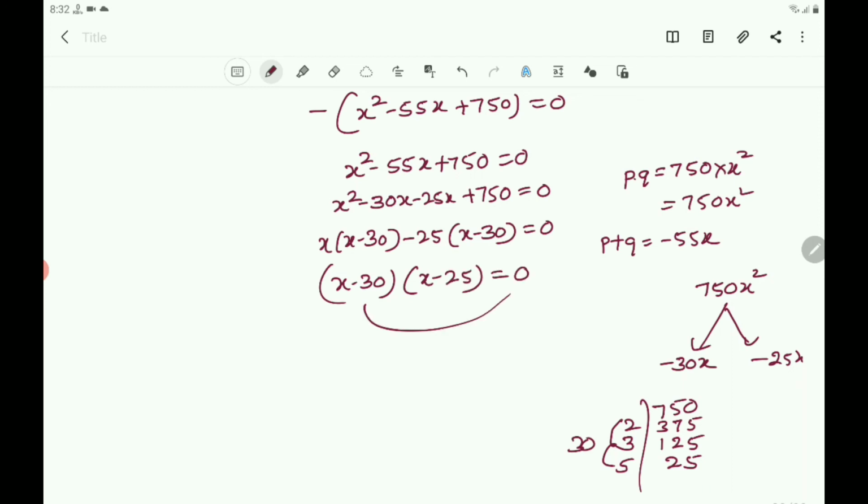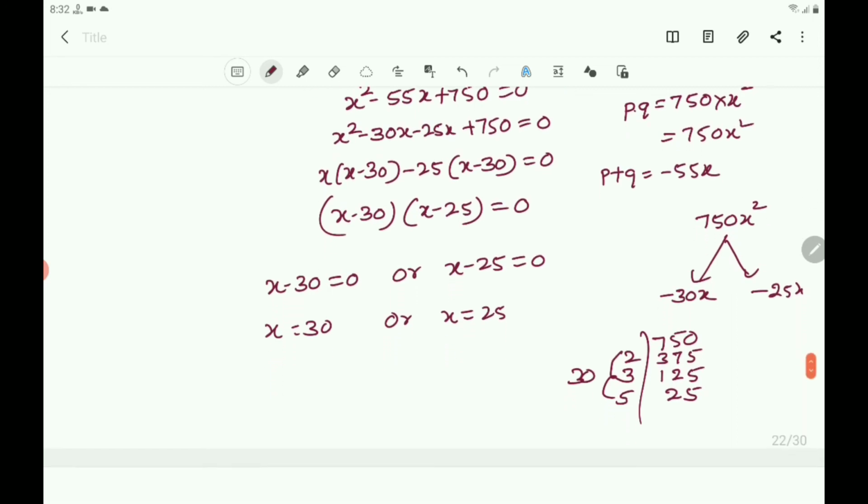Then equate each factor to 0, that is x minus 30 equals 0 or x minus 25 equals 0. Then x equals 30 or x equals 25.